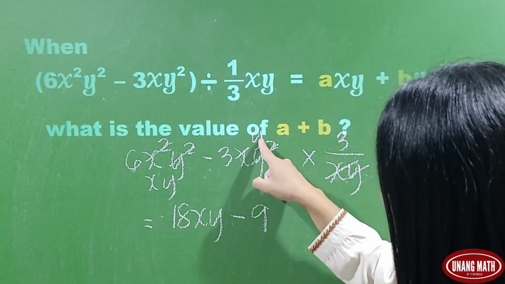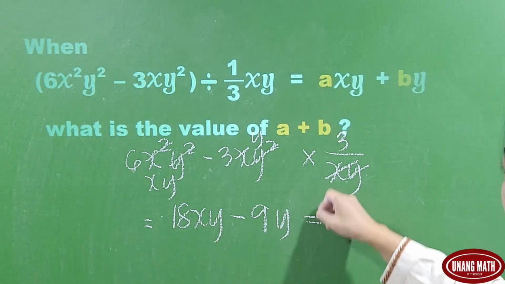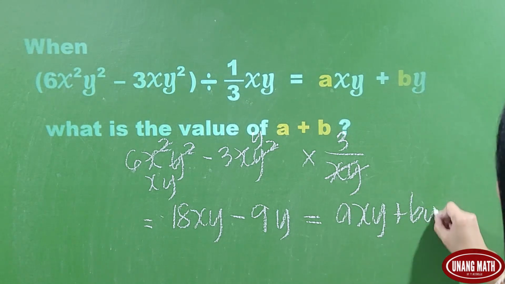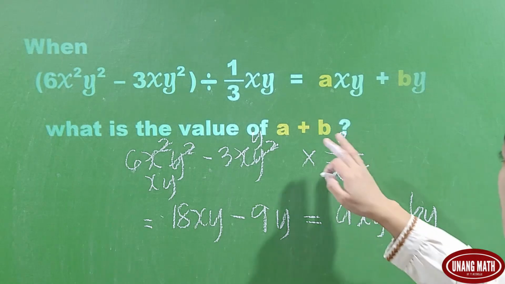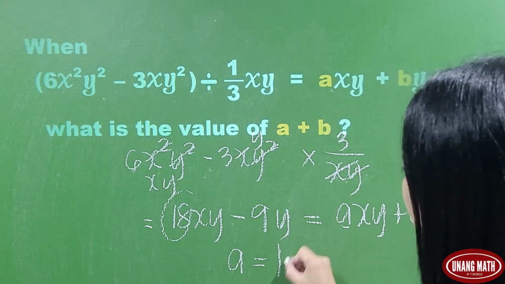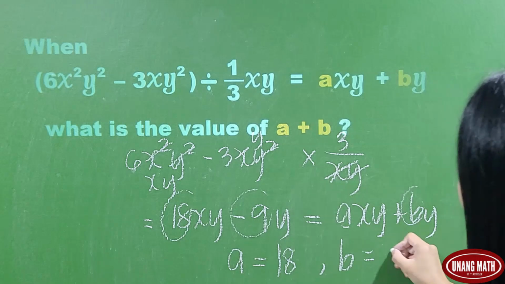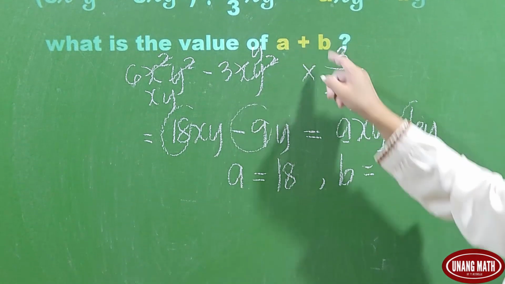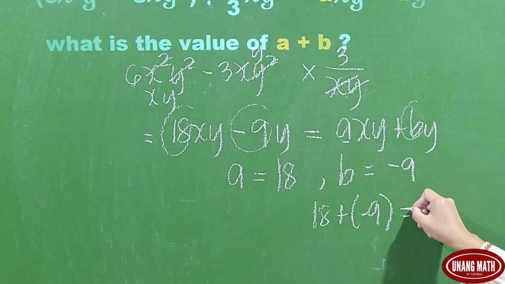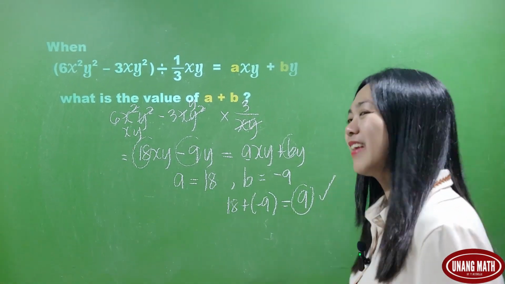So minus 9y. And take note, this is equal to axy plus by. So it means a is 18 and b is negative 9. So what is a plus b? So 18 plus negative 9, a plus b is equal to 9.